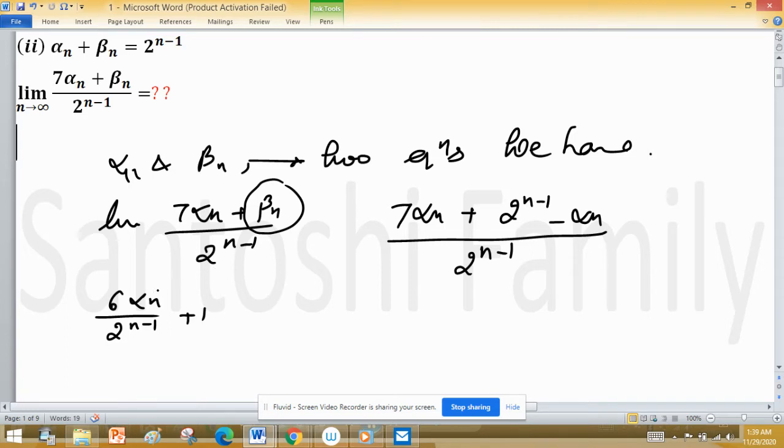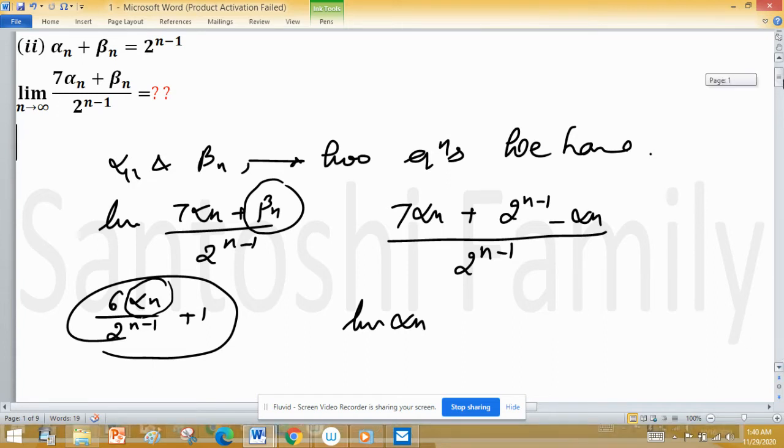If we know the value of alpha n divided by 2 raised to the power n minus 1, or the limit of alpha n, then the entire result we will know. So our second task is to find out the limit of alpha n when n tends to infinity.